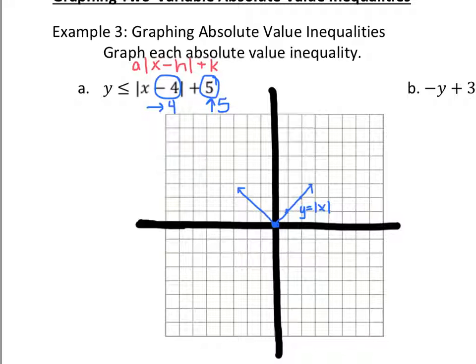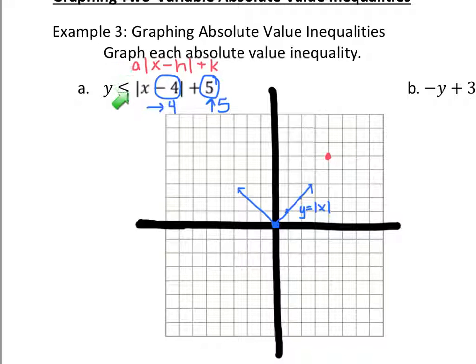So I'm going to take that origin, and I'm going to move it right 4 and up 5. So there's my new vertex. I'm going to do it in red. Now from there, we need to check out the A value.